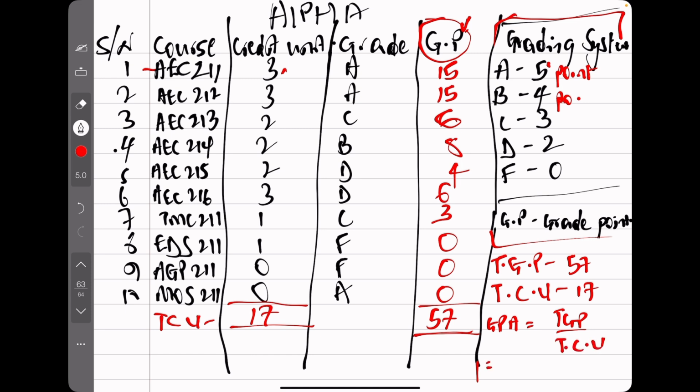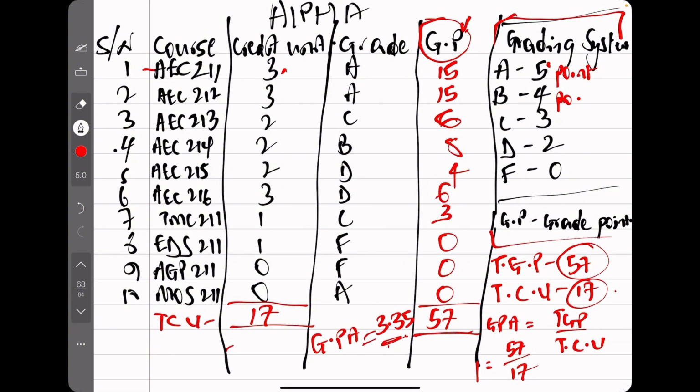For this person, it's 57 over 17. So you do 57 divided by 17. The person has a GPA of 3.35. If you've been following, you should also get this same answer. So your GPA for alpha semester 200 level is 3.35.